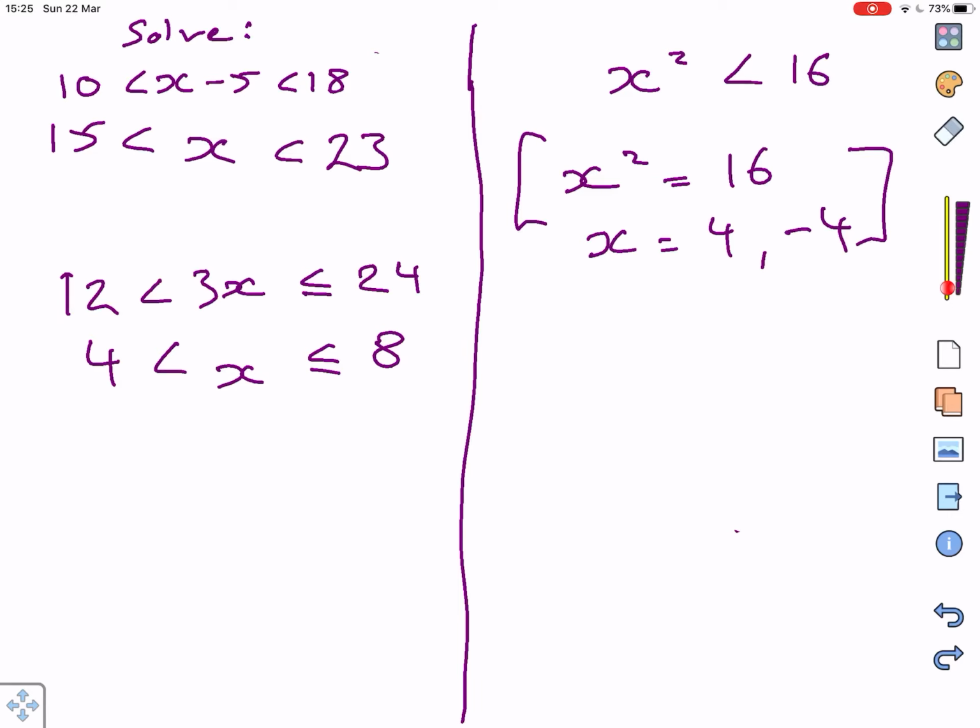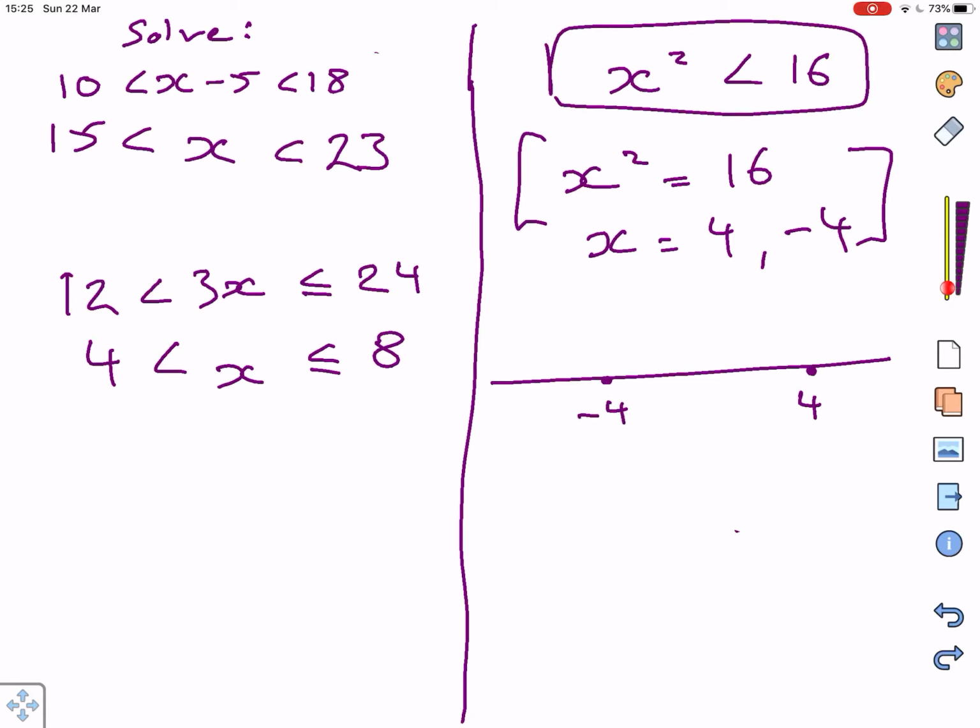So we need to think about this on a number line. There's our plus 4. There's our negative 4. Now, going back to the question at the top there, I want to find all the values of x, so that when I square them, I get something that's less than 16. I know if I square negative 4, I get 16, and if I square positive 4, I get 16.